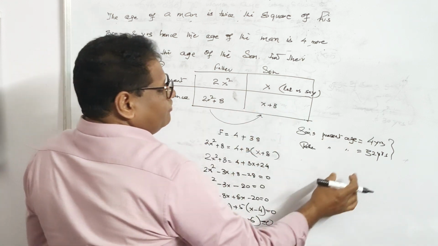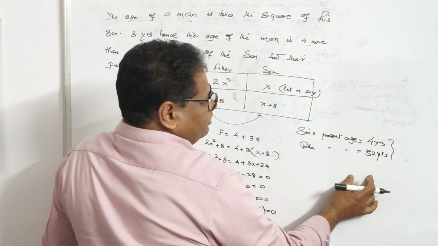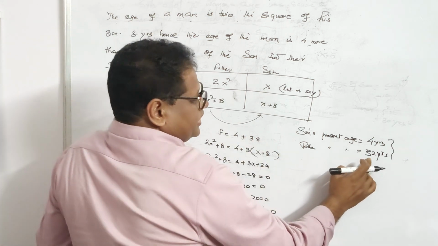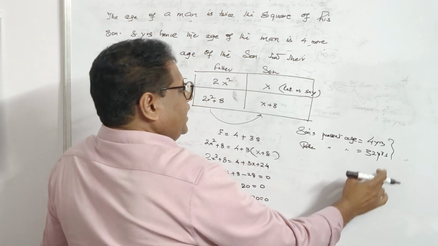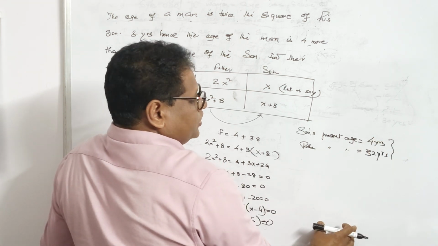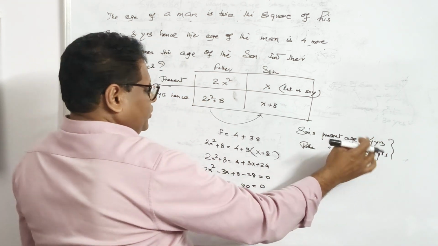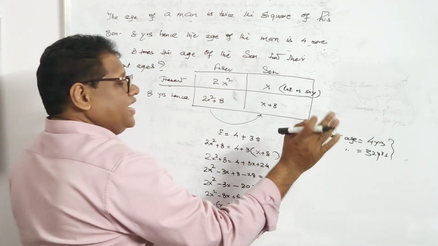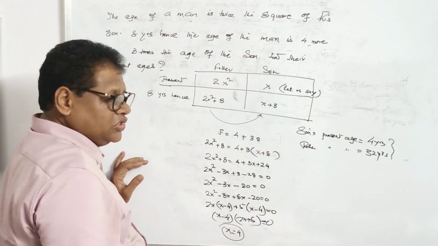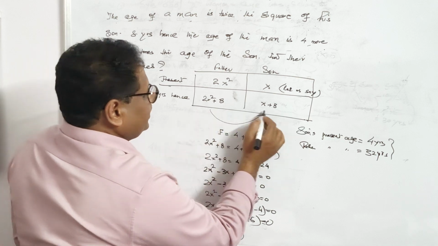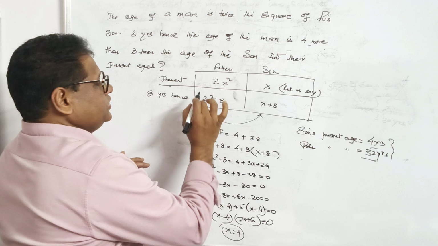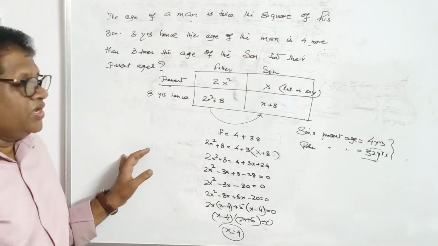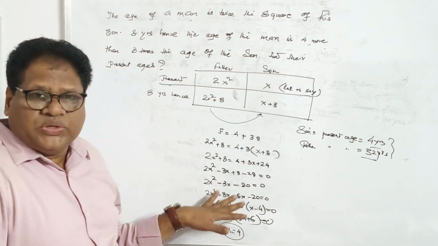After 8 years, the father's age will be the present age 32 plus 8, that is 40, and the son's age after 8 years will be 12. So 3 times 12 is 36, and then adding 4, that comes to 40. In this way you can check by putting the values in this equation. I think this method is clear to you.